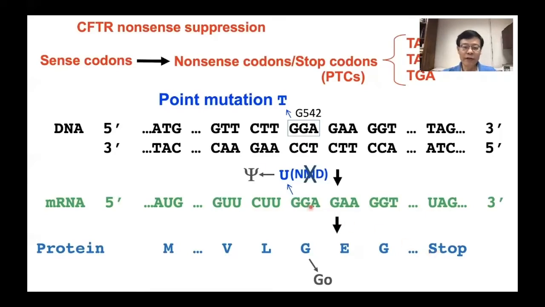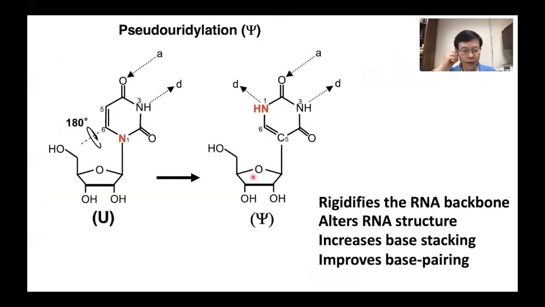Now let me first introduce pseudouridine. Pseudouridine is a modified nucleotide derived from uridine through an isomerization reaction. The nitrogen-carbon bond in uridine is first broken, and then the base is lifted up and turned 180 degrees around this axis, and a carbon 5 to carbon 1 linkage is re-established, this bond.